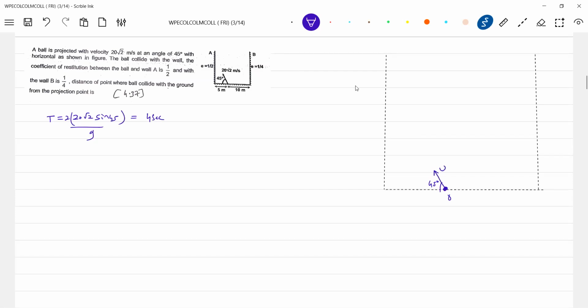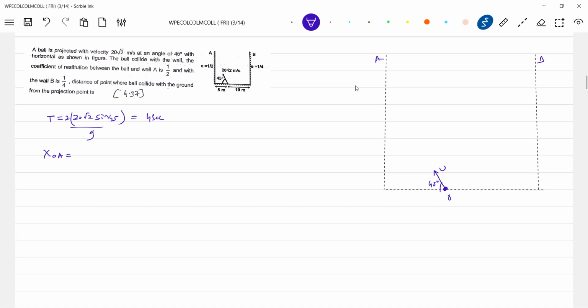How much time will it take to go and collide with the wall A? I'll write it as T_OA, the time taken to move from O to A. What is the horizontal displacement? It will be X_OA.